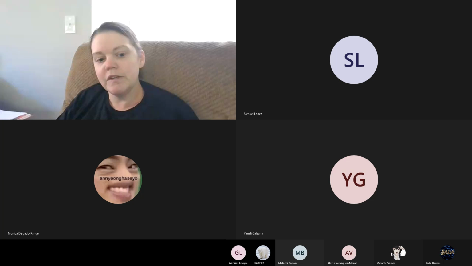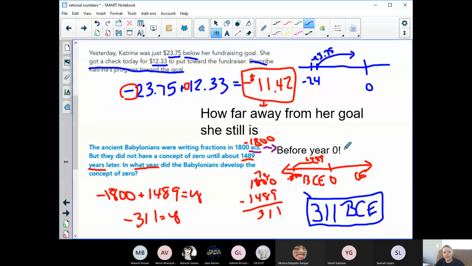So I know we're doing addition equations, Yariel. If I were to write this the other way around, so let's say 1489 plus negative 1800, my mind automatically says I'm adding the opposite of 1800, and the opposite of addition is subtraction. So that's where the subtraction came in, because I know it's going to be the difference between the two numbers.